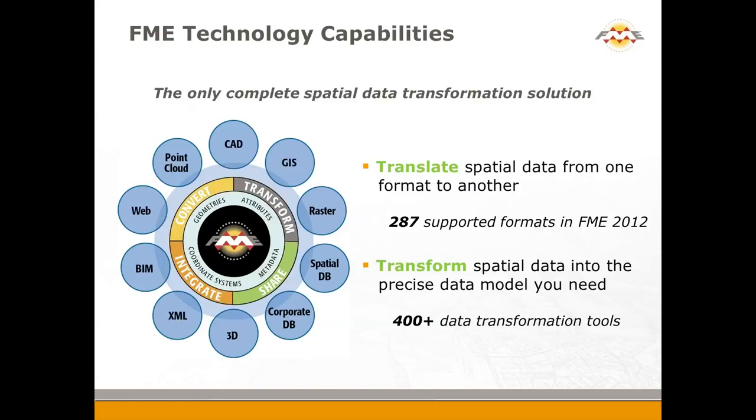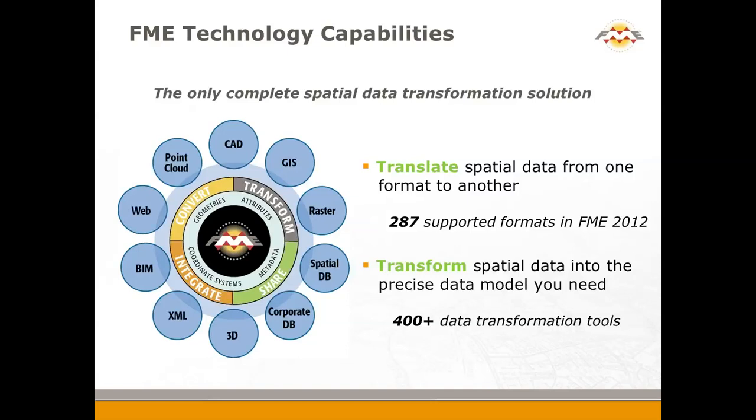So the FME technology, we are basically a data translation toolkit. We started out reading and writing CAD and GIS data, expanded that into working with spatial databases. And then over the years, we've been adding different spatial contexts to the format support. That includes raster data, web information like XML, and then we've expanded that to 3D and BIM data, and more recently point cloud information.